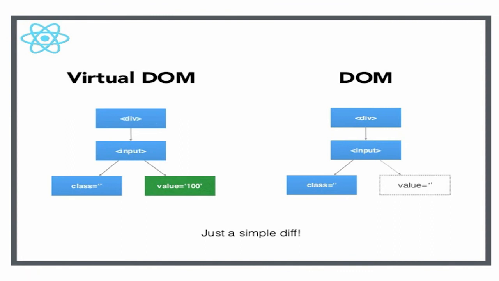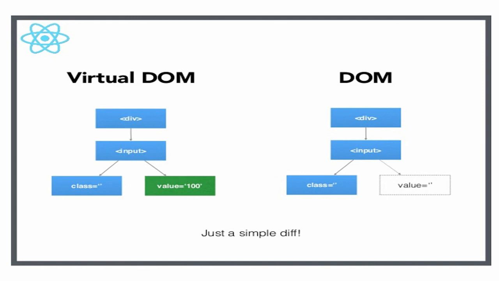So instead of rewriting the whole DOM again and again, ReactJS takes the particular portion of the virtual DOM and updates it in our actual DOM. Basically it compares the virtual DOM with the actual DOM to see what the change actually is. Let's say the change is value equal to 100, or the class equal to something, or a change in a div.